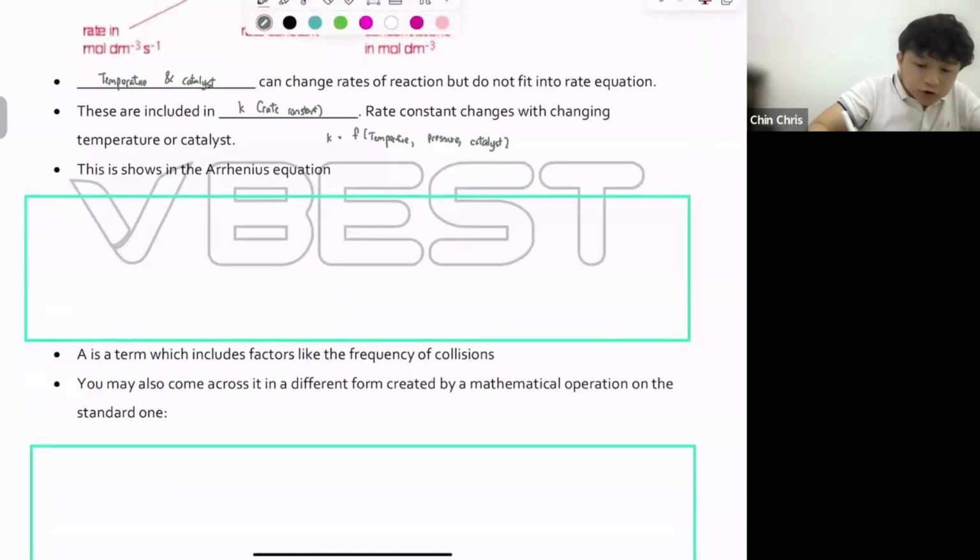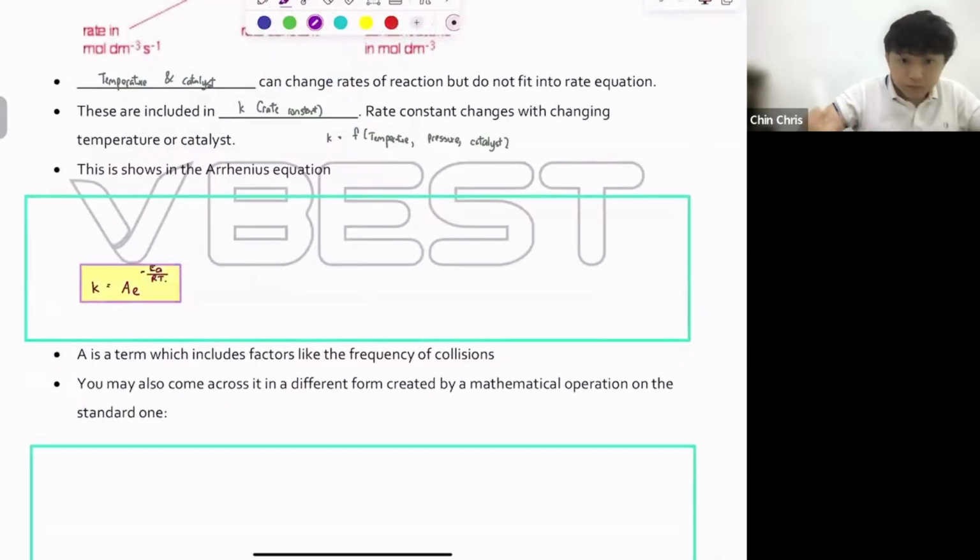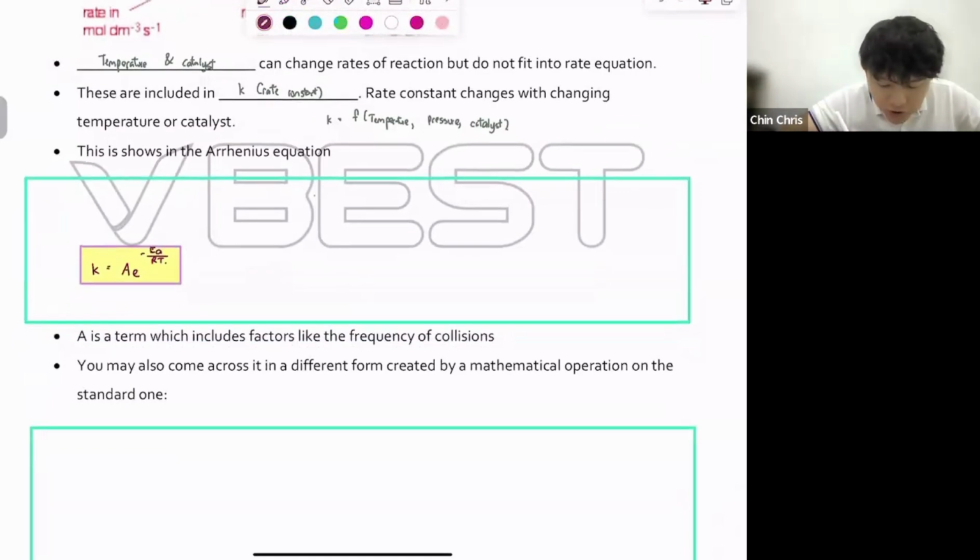Your value for k, I can write down as k equals A e to the negative Ea over RT. k is your rate constant. A we call the frequency factor.